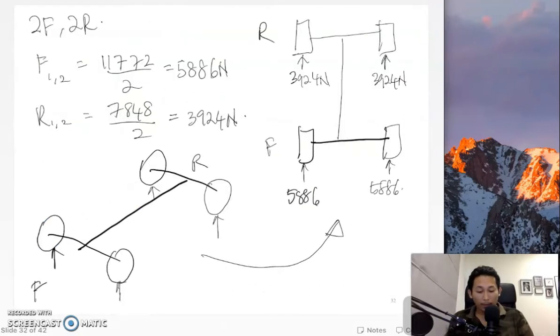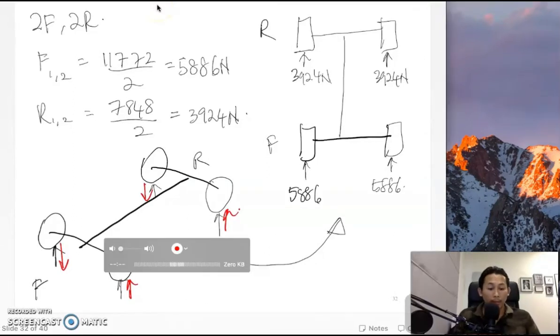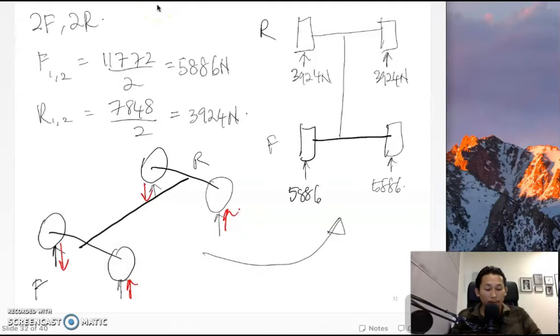Inner is going down for both, outer is going up. So this one is the inner, and this one is the outer. The force is 12.36.